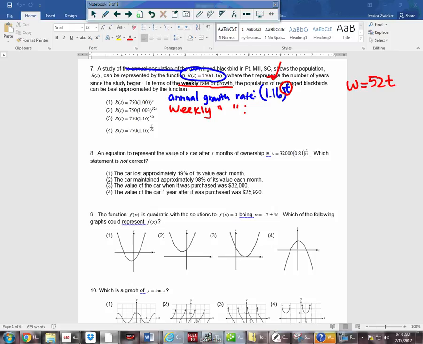I don't know what t is, but if I solve for t in the equation created, t is equal to w over 52. So I am going to replace t in my equation with w over 52. Now, that's one way to represent weekly growth rate.